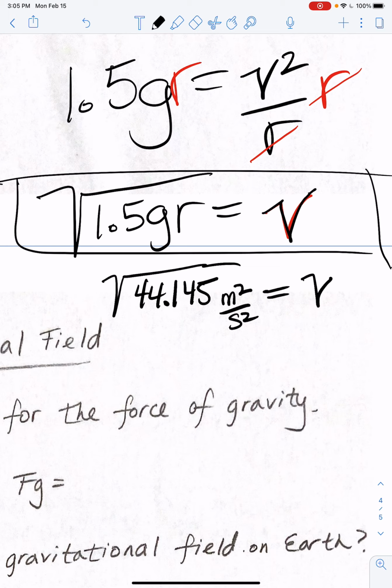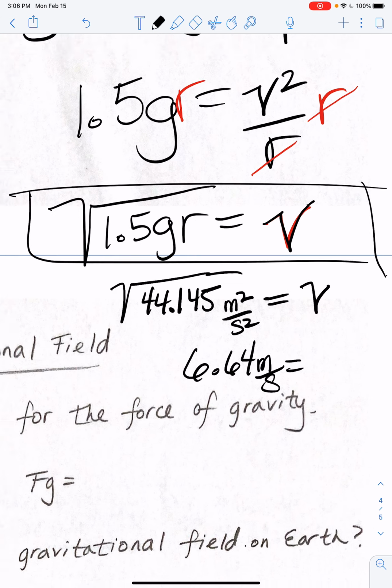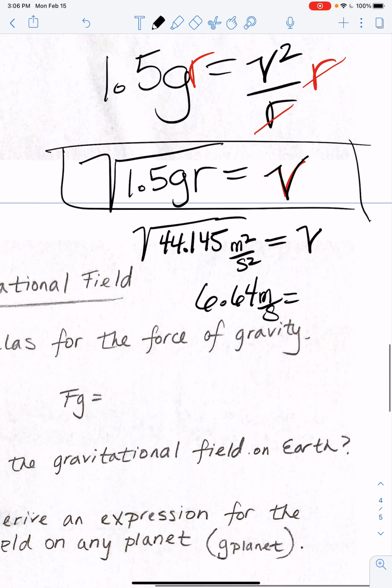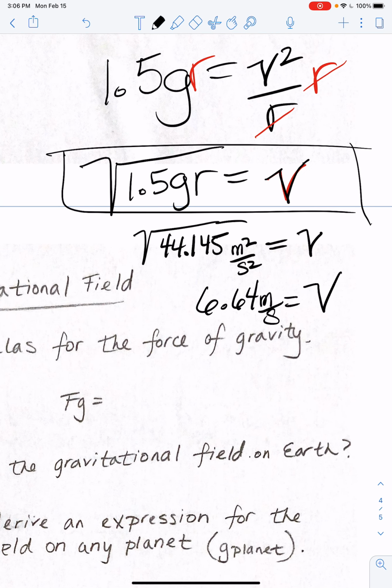So we square root it, and we get 6.64 meters per second. So if we double that, then add some, definitely closer to 15 or 16 miles per hour, compared to, I don't know what it was last time. Was it 11 or 12 miles an hour?